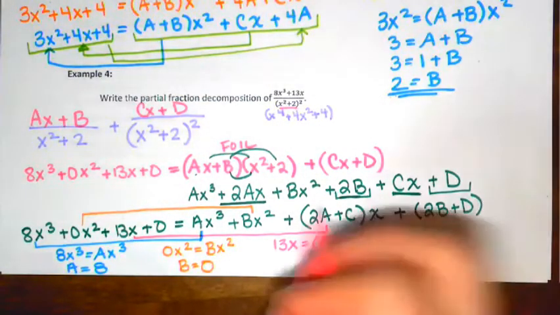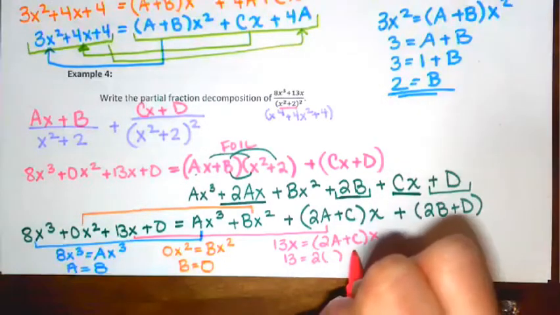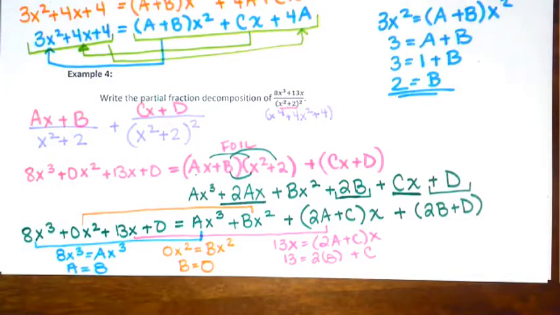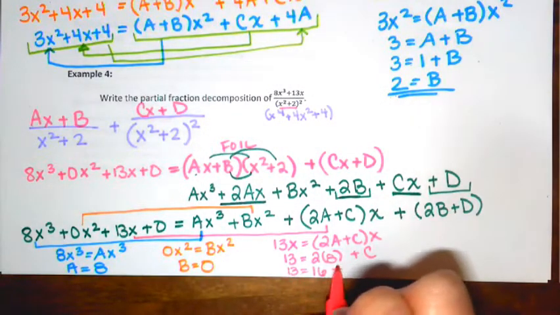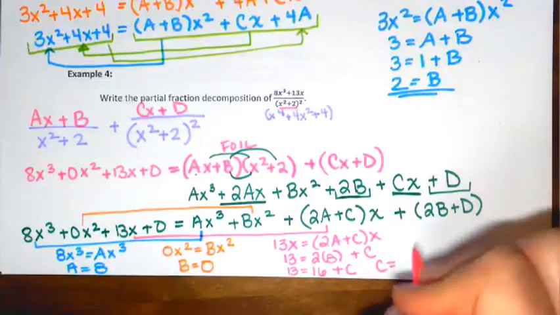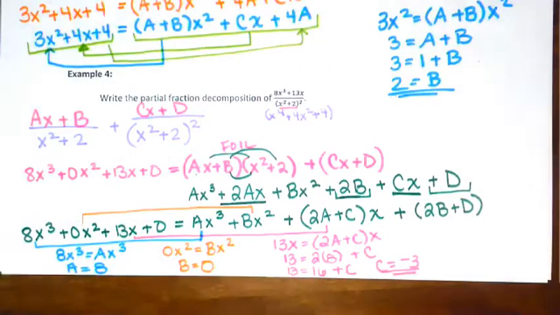They cancel. So I have 13 equals 2 times, what's my a? A is 8. Can I solve for c now? Yes. What's 2 times 8? 16. And then move the 16 over, so c would equal -3. Yeah. Okay.